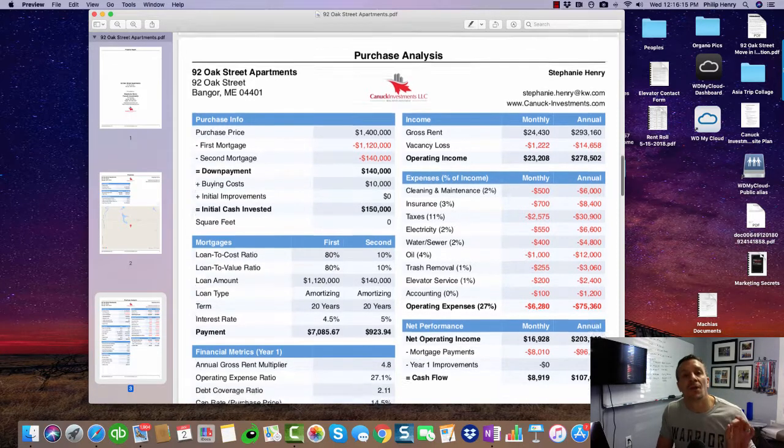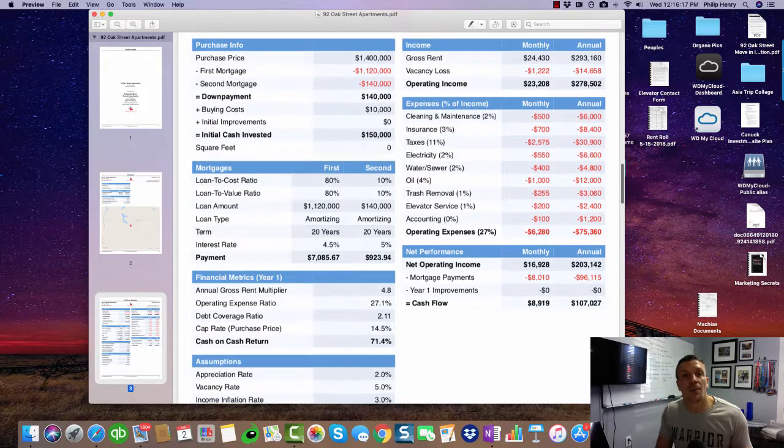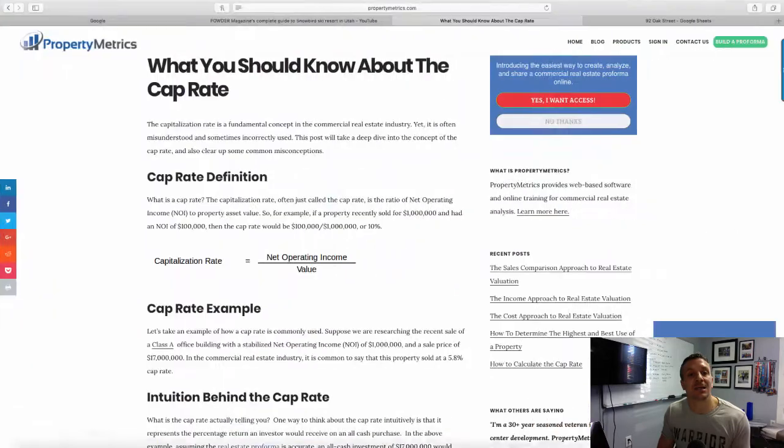So the net operating income of a property is your gross income minus gross expenses, and the annual net operating income for this property is $203,000. If we go back to that calculation, the value of a property is the net operating income divided by the cap rate.